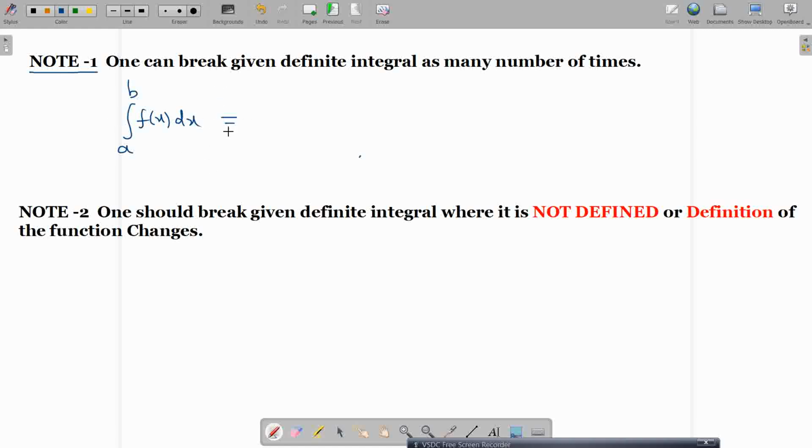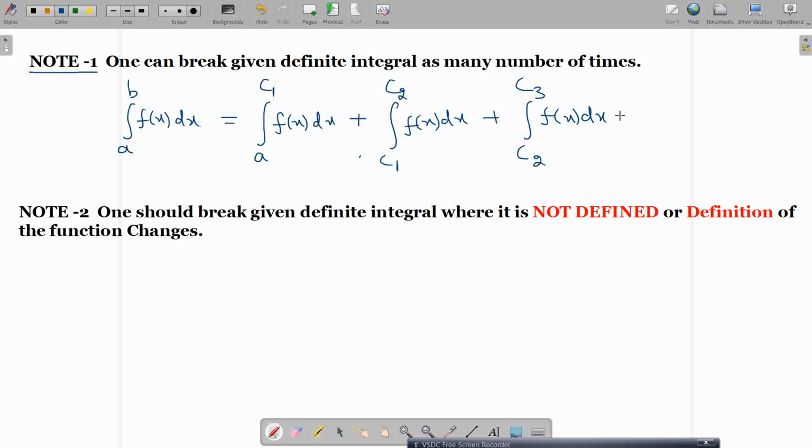So you can just write it down as a to c1 f of x dx, then you can split it again from c1 to c2 f of x dx, and then from c2 to c3 f of x dx, and this cycle goes on till cn to b.